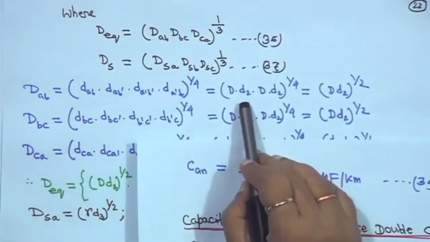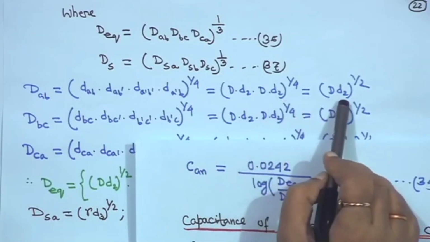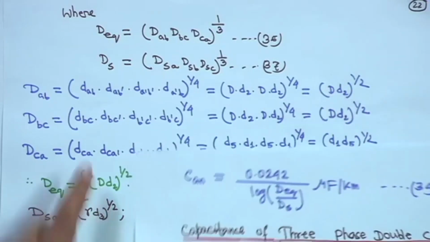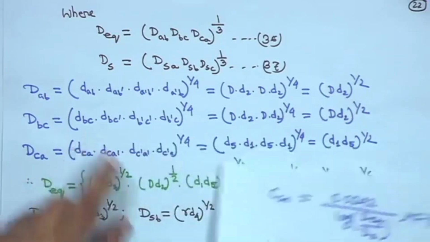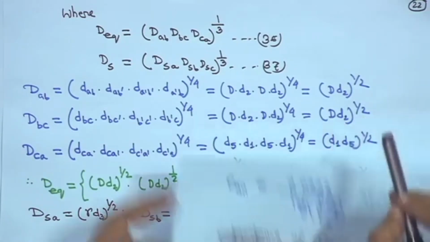For example, DAB is A to B, then AB dash, then A dash B dash, and A dash B. So, basically from the symmetry it is D into DD2 into D into DD2, which is D D D2 to the power half. Similarly, you calculate DBC, which also will become D D2 to the power half.